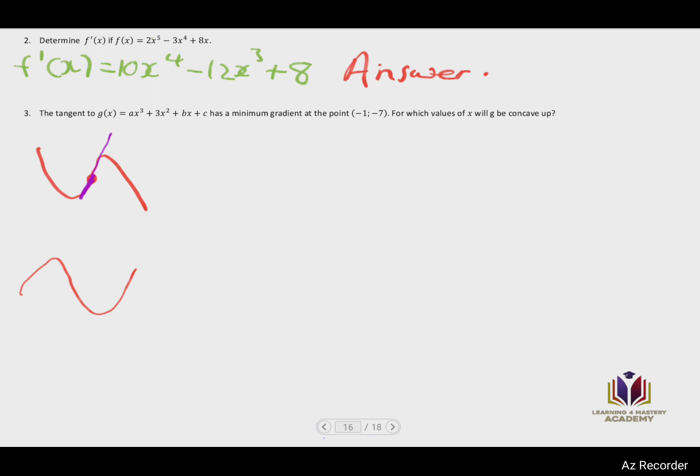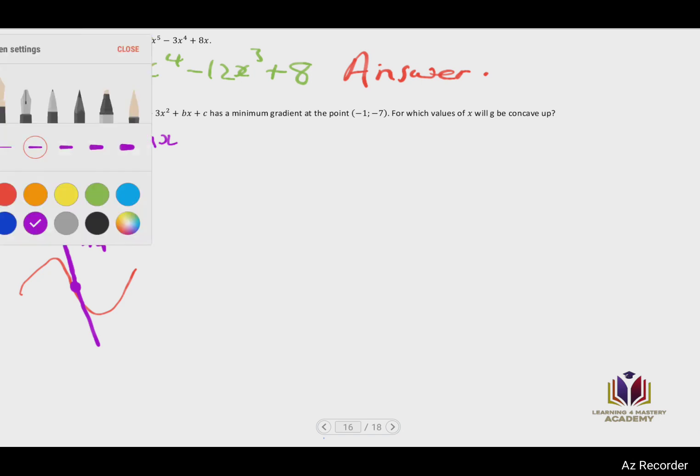That's what it looks like. There we go. That point there. So this would be the maximum gradient of the tangent, right? This over here would be the minimum gradient of a tangent. The minimum gradient of a tangent happens at that point. Okay? So in this case, they said the tangent to g of x has a minimum gradient at the point.